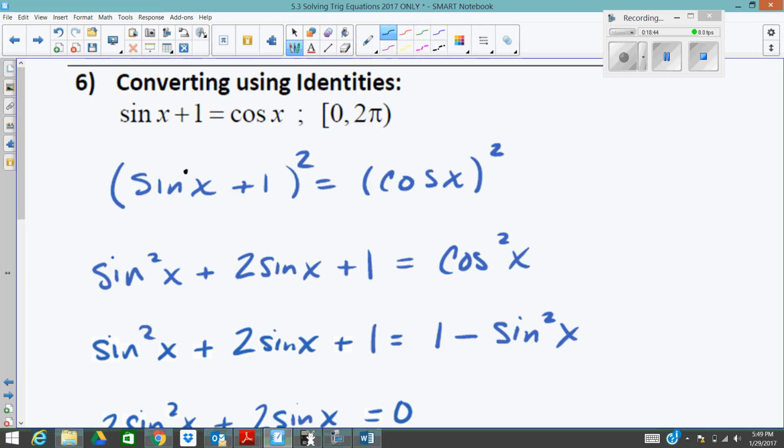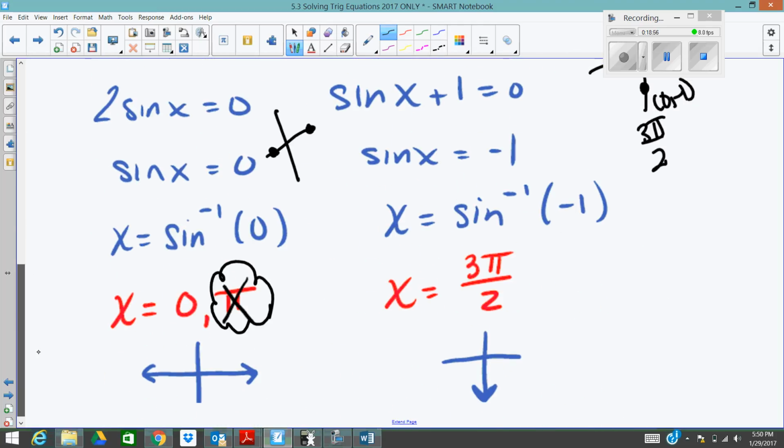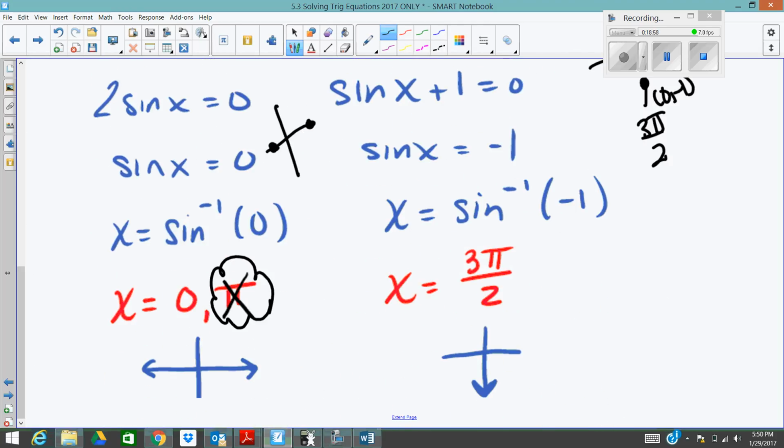Sine of 3 pi over 2 is negative 1. Plus 1 is 0. And cosine of 3 pi over 2 is 0, so we get 0 equals 0, so we're good. So 0 was good, pi turned out to be extraneous, and x equals 3 pi over 2. So we get two solutions here, 0 and 3 pi over 2.